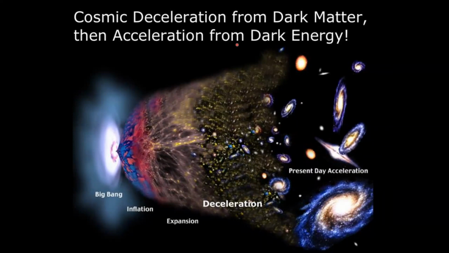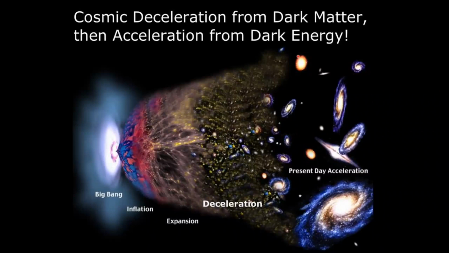This acceleration, we believe, is coming from dark energy. Remember that there is normal matter in our universe, and there is dark matter, which we talked about inside galaxies. And then there is dark energy, which is responsible for this new acceleration of the universe.